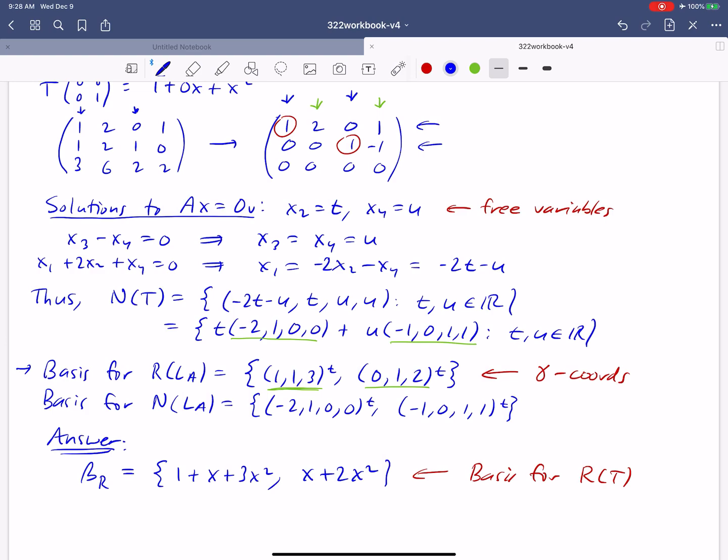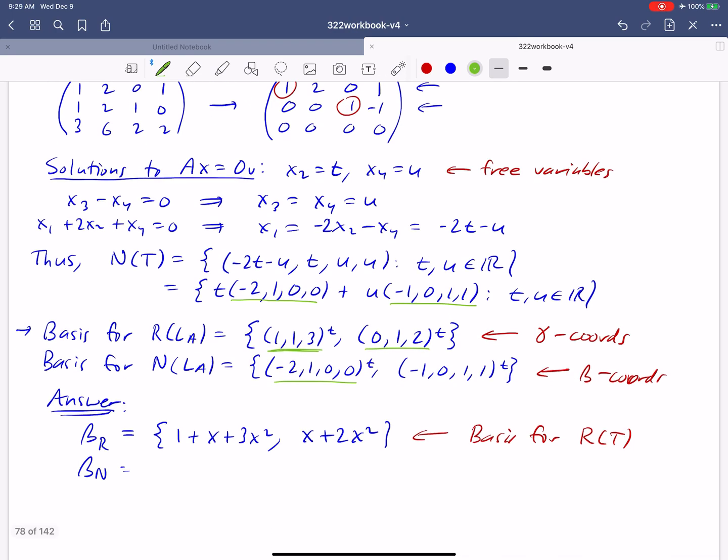Now what about a basis for the null space of T? Well, now we're going to look down here and remember that the basis for our inputs, for our domain, we called beta, and so we're thinking of these vectors as being beta coordinates. So if we start with negative 2, 1, 0, 0, we're thinking of those as coefficients on the basis beta. That's a basis that involves matrices. And so the corresponding matrix there would look like negative 2, 1, 0, 0.